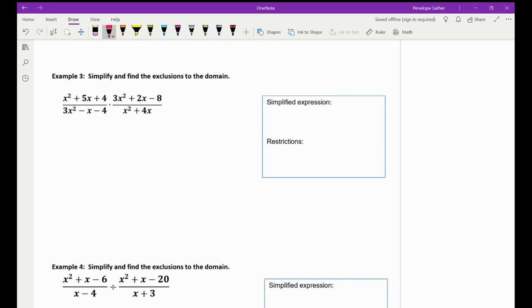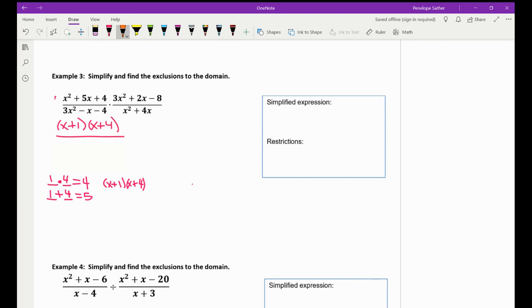So let's start off with our terms at the top. x squared plus 5x plus 4. We need to go ahead and factor that. And once we've done a little bit of work to see what numbers multiply to be 4 and add together to be 5, it turns out that we're going to have the factors x plus 1 and x plus 4.